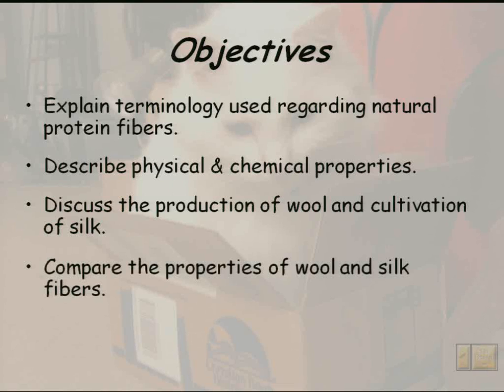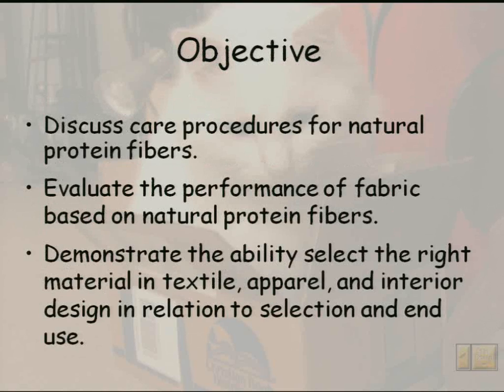You'll be able to compare properties of wool and silk fibers. Also, you will be able to discuss the care procedures of natural protein fibers, evaluate the performance of fibers, and demonstrate the ability to select the right material in textile, apparel and interior design in relationship to selection and end use.